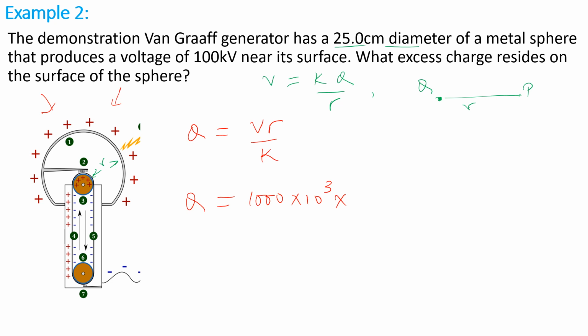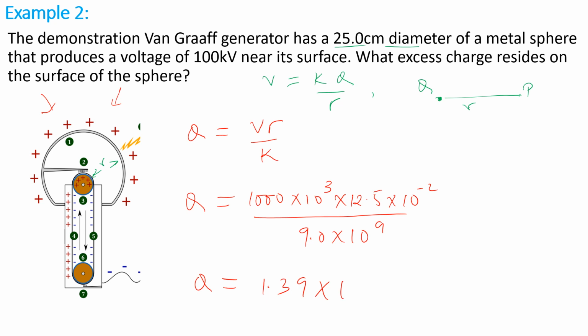Since the diameter is 25 centimeters, the radius is 12.5 centimeters, so that's times 10 to the power negative 2, divided by K, where K is 9.0 times 10 to the power 9. If we feed this in our calculator, we end up getting 1.39 times 10 to the power negative 5 coulombs. You can change this to microcoulombs or nanocoulombs, whatever you wish, but that's the answer.